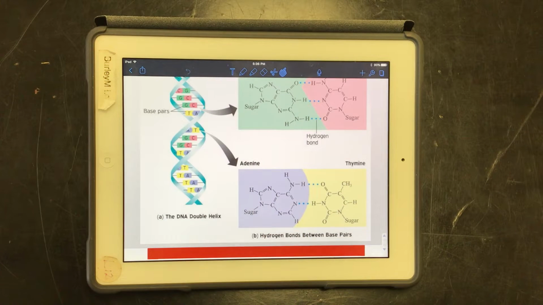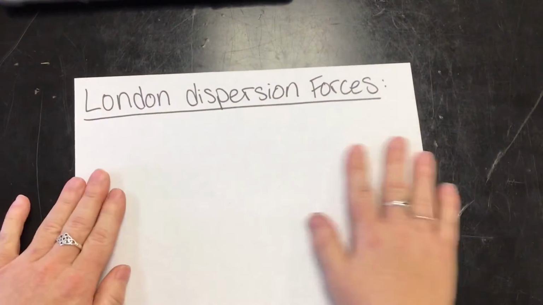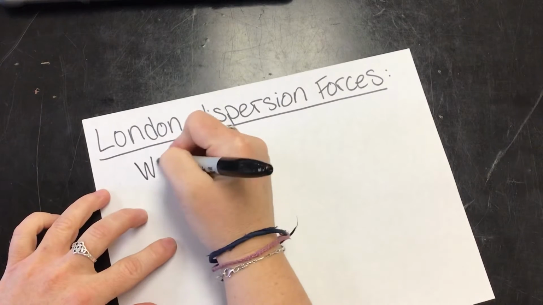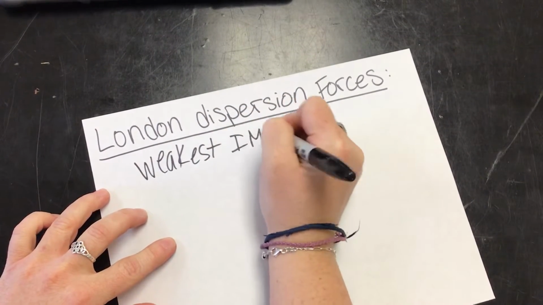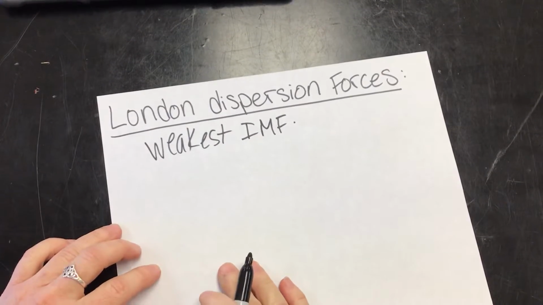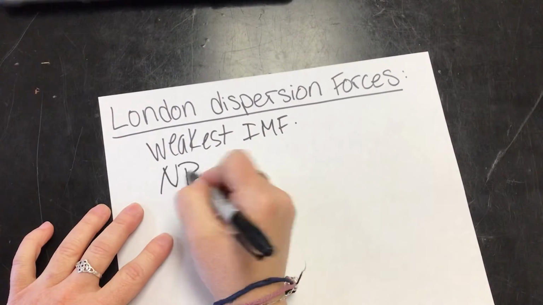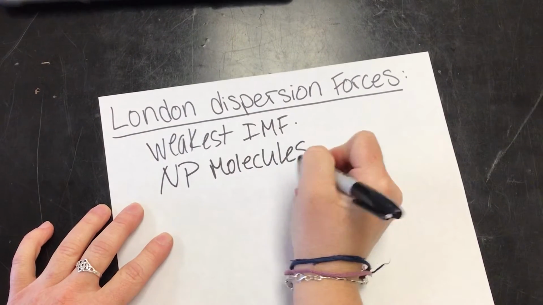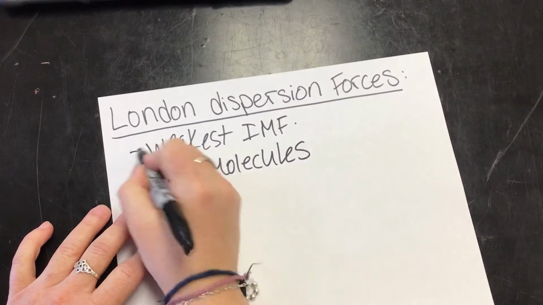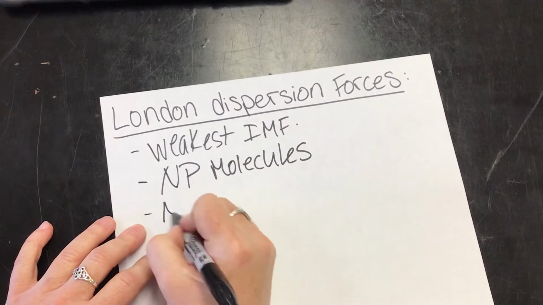And the first one that we're going to be talking about is London dispersion forces. London dispersion forces are the weakest intermolecular force, and it exists between nonpolar molecules or noble gases.